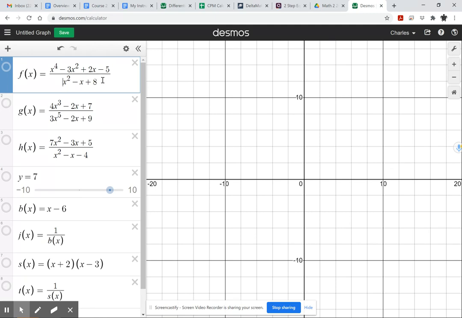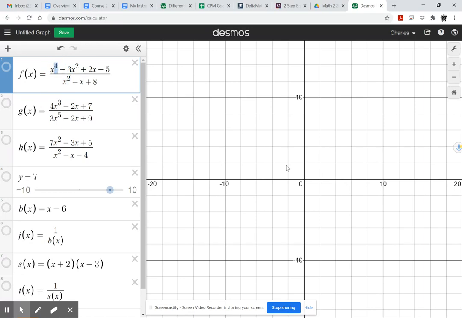Now, when you're looking at these, what you want to look at is the term with the highest exponent in each the top and the bottom. On the top, the degree of the polynomial is 4. On the bottom, the degree of the polynomial is 2. The reason we only care about that term is because it grows so much faster than the other terms in that expression that as x goes up and up and up, this term is going to drown out the other terms.